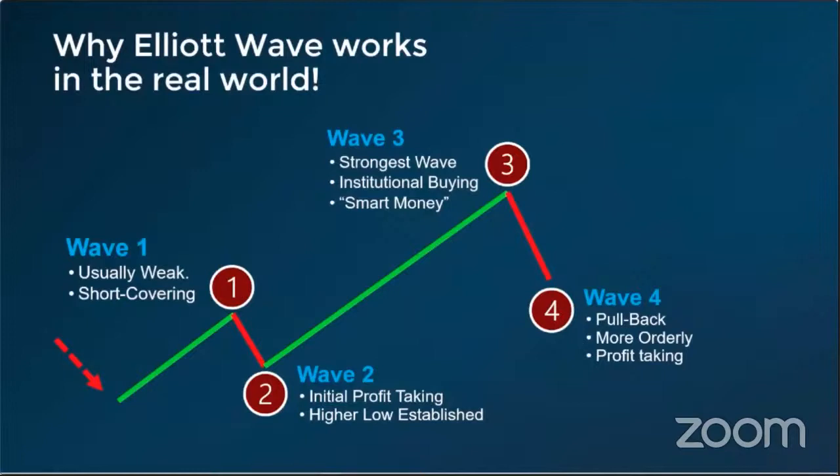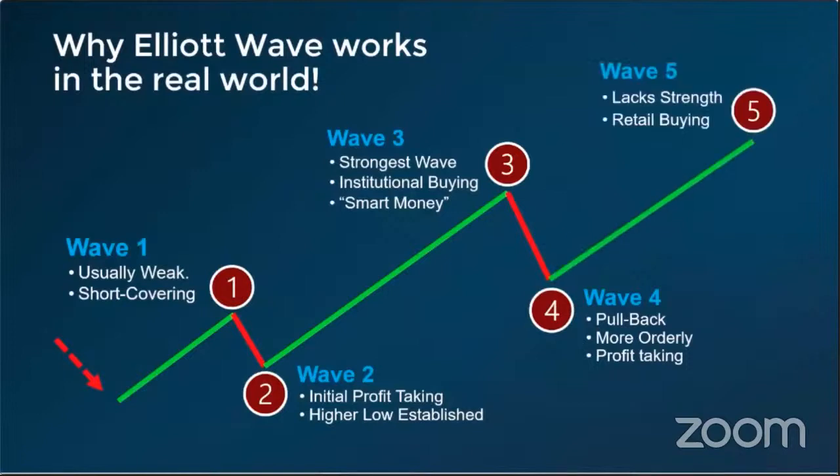So you get the second corrective move. It's an orderly pullback, just profit taking from those institutions. And that's important. They don't want this to look like a strong move. They're just kind of siphoning some off, and then to attract the retail traders to come in and buy the rest of the shares off their hands.